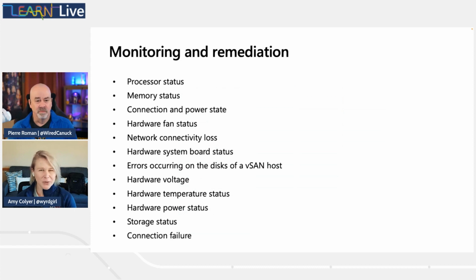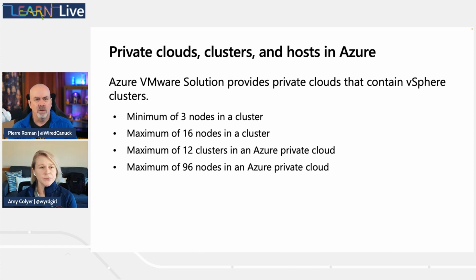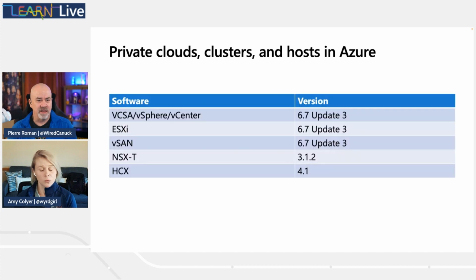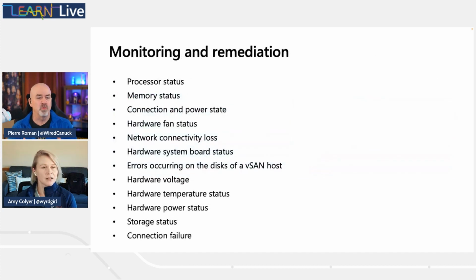And then, like I mentioned, the monitoring and remediation. Any high CPU or high memory or any issues with the network or power, we're going to take care of that for you. What if it's one of your applications, one of your workloads, that is basically pinning the CPU of one of your VMs? Is that something that we take care of, or something that you take care of? No, that would be on the customer end.